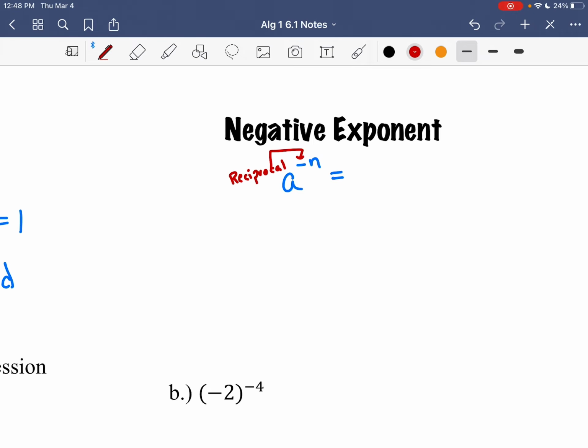So instead of a to the negative n, it's going to give me 1 over a to the n, positive n. So it took the reciprocal of a to the n. So we get 1 over a to the n. For example, 4 to the negative 2 is equal to 1 over 4 to the second.